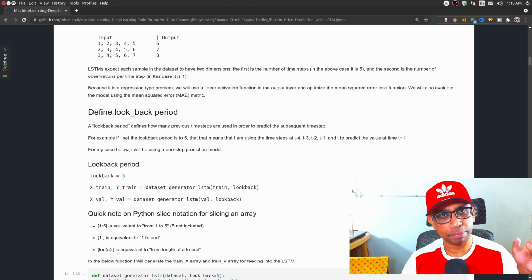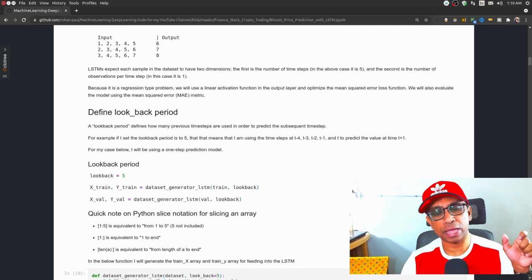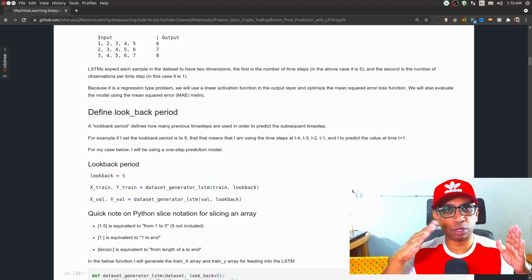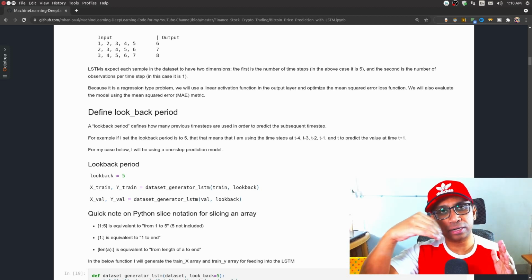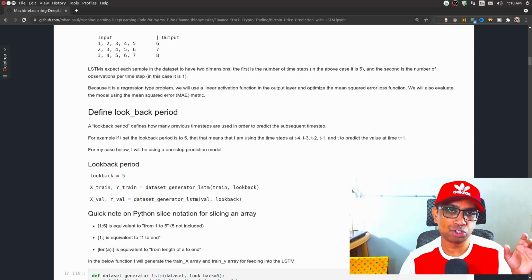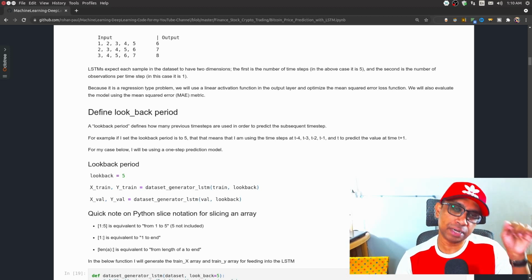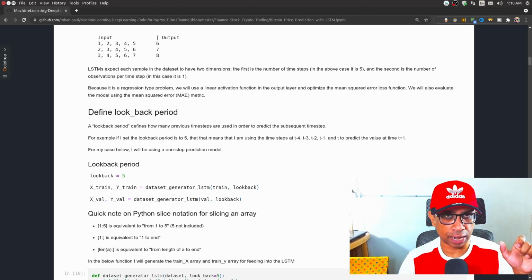So the previous 5 days is my X input, and the 6th day's data is the Y, or the target variable. And this is a sliding window that will slide for the entire training. For each loop, the LSTM will look at the previous 5 look back period and predict the 6th day. Then the window will slide, and the immediately preceding 5 days will again be looked at, and the 6th day will be predicted.